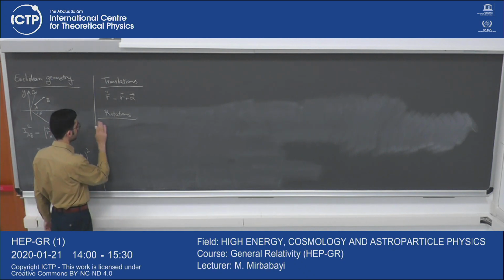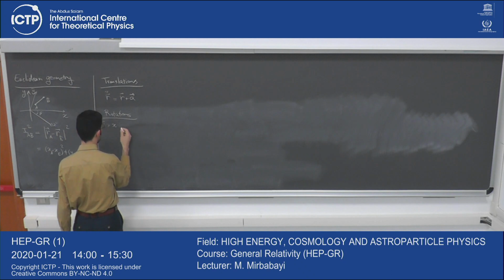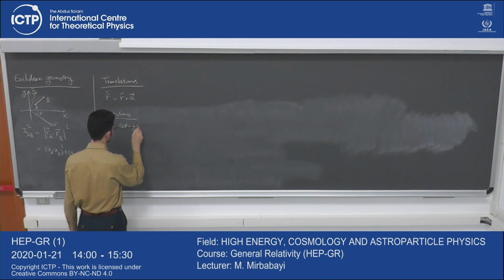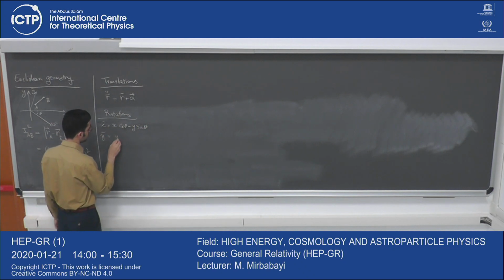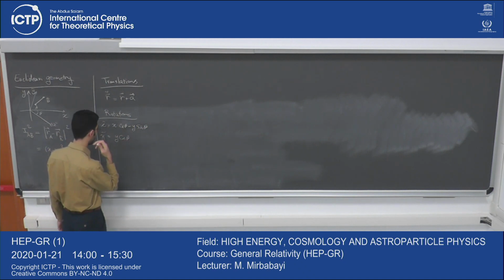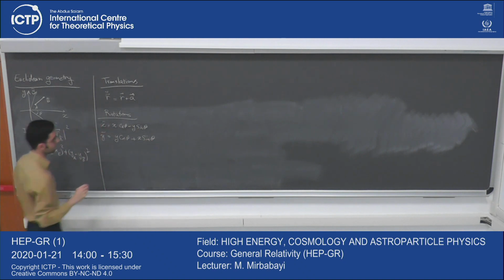And so now x tilde is equal to x cosine theta minus y sine theta, and y tilde is equal to y cosine theta plus x sine theta.